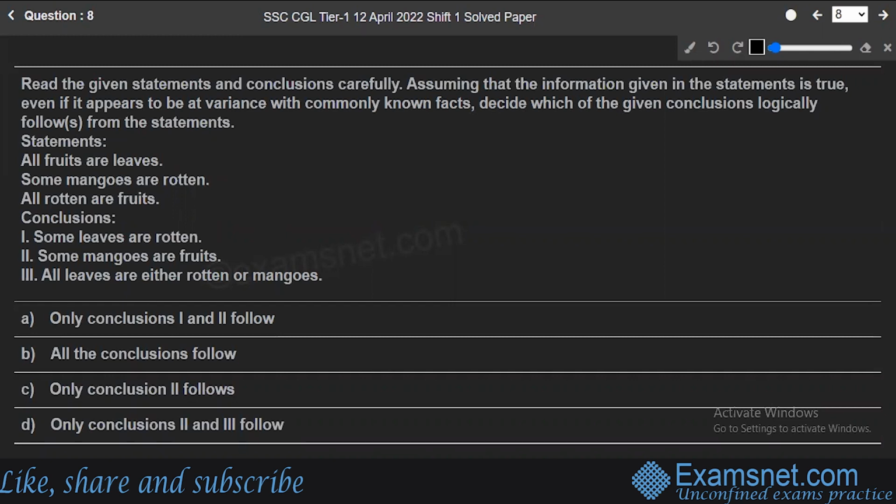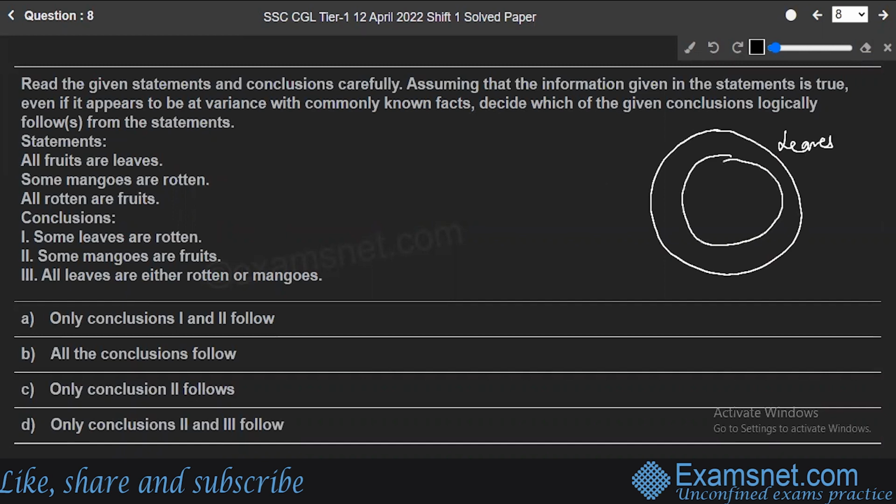Let's make the Venn diagram to understand these statements carefully. All fruits are leaves. So here is an entity, leaves. Let's make a bigger one. Here's the entity leaves, and here is fruits.